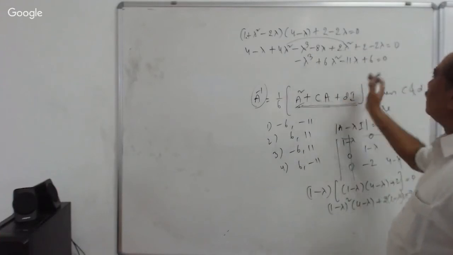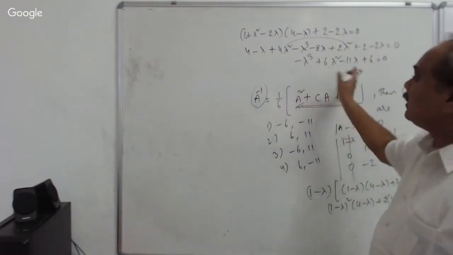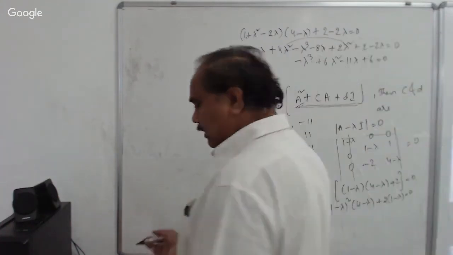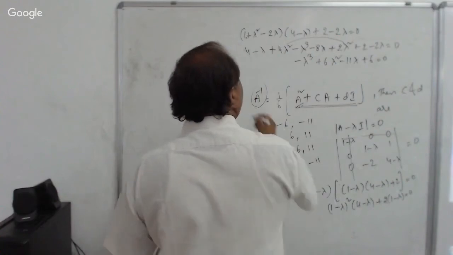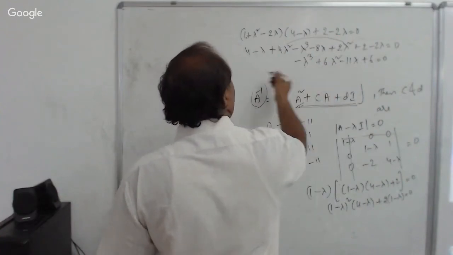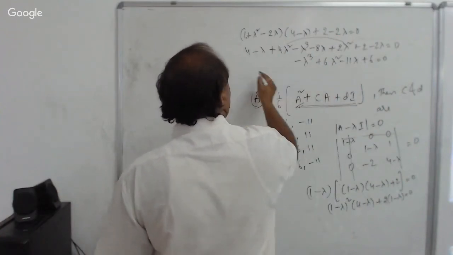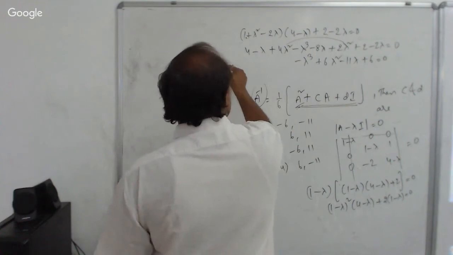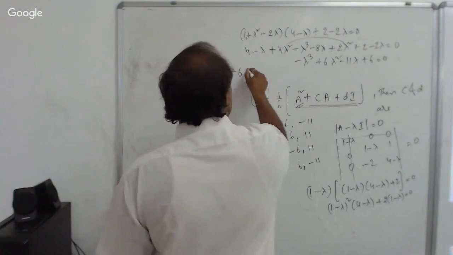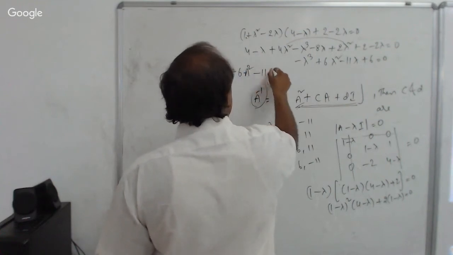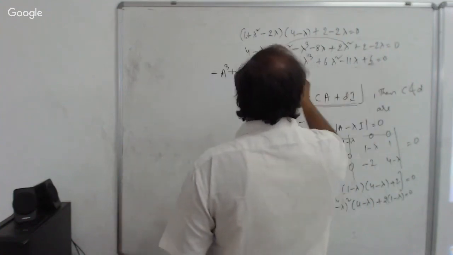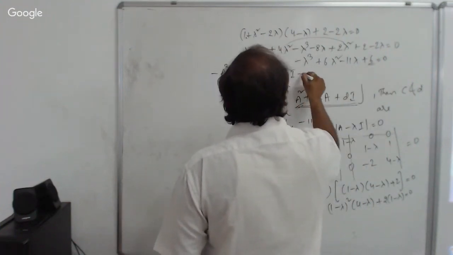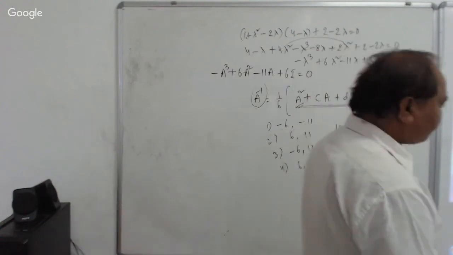Now put lambda equal to A. That is not really the Cayley-Hamilton theorem. By putting lambda equal to A, it is minus A cube plus 6A square minus 11A. But it is constant only, so for the constant, write down 6I equal to 0.